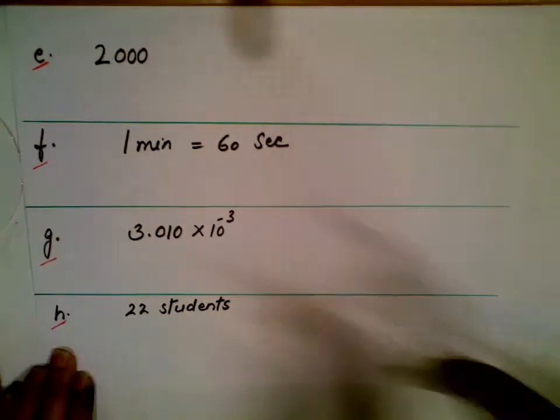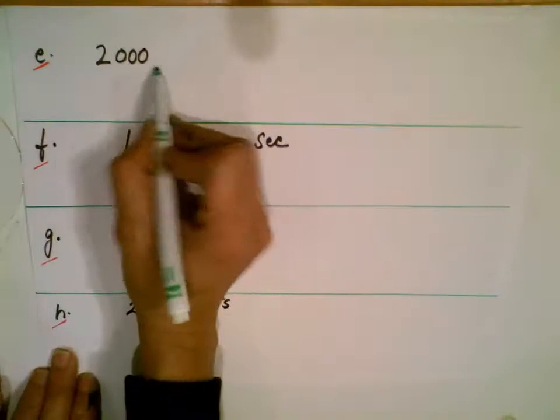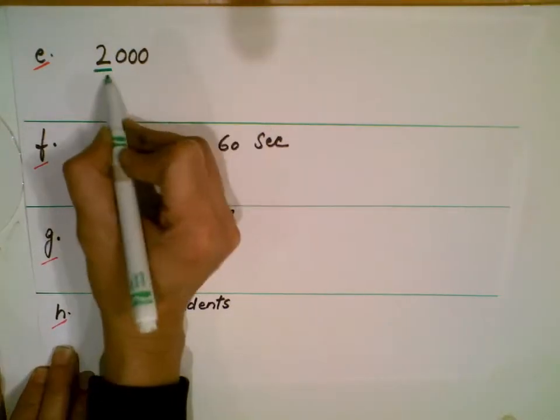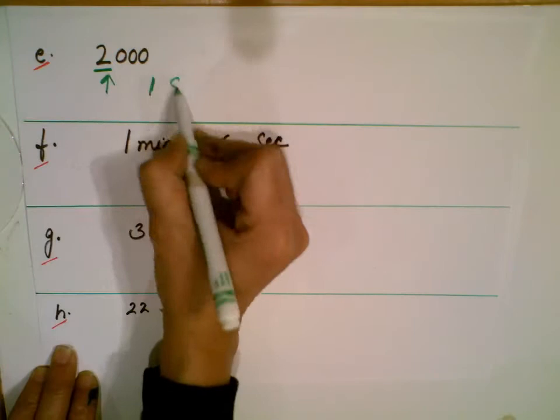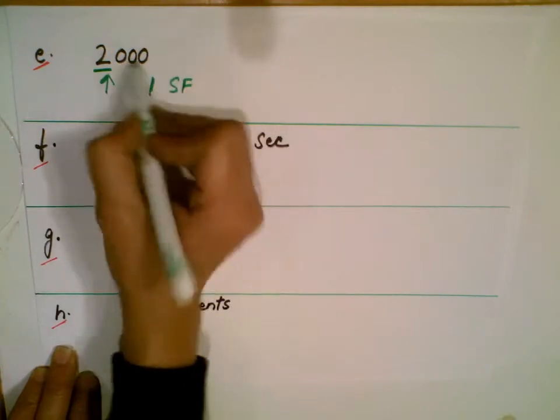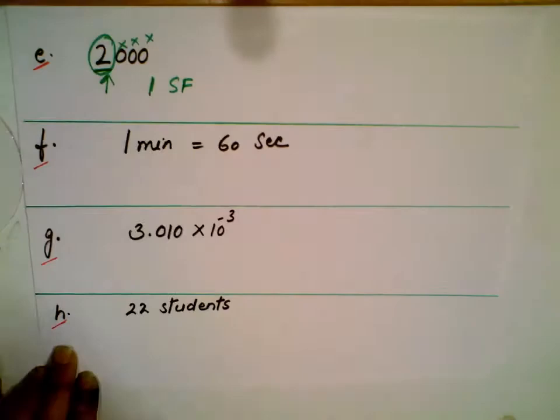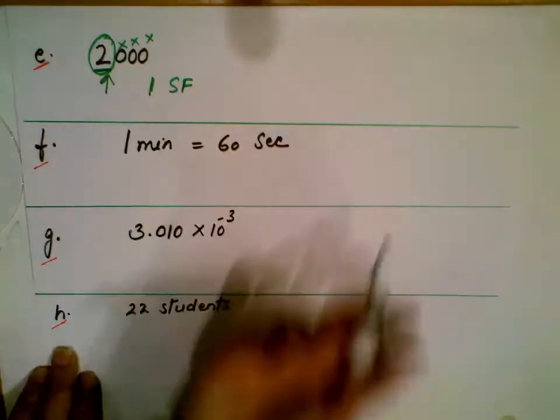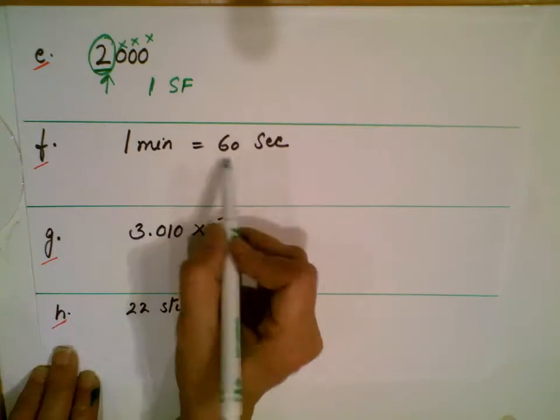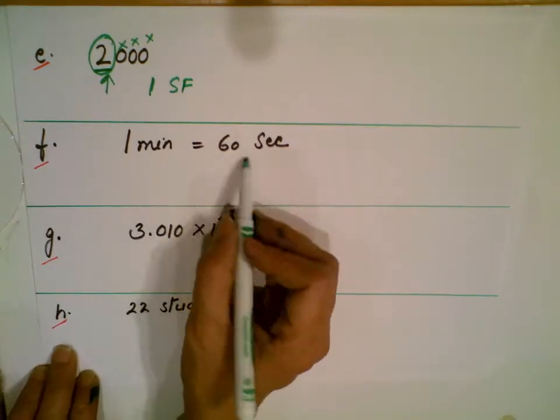Okay, so how about these here? We don't see any decimal here, so we have only one significant figure since there is no decimal. So these zeros are not significant. Only this is significant. This is a non-zero digit which is always significant. This is actually a defined quantity.